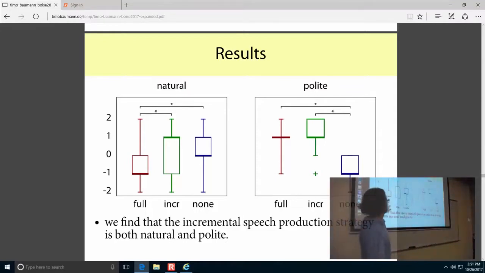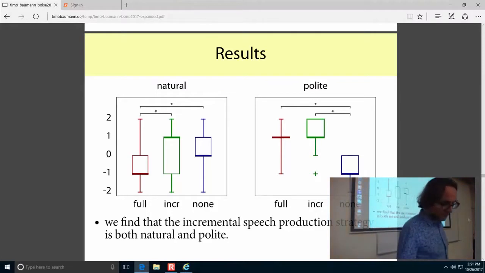So this one wasn't really natural. A robot that says this long sentence or the short sentence is polite, but not saying anything would be impolite. So if you want to be both polite and natural, you actually want to follow this incremental strategy. All right.